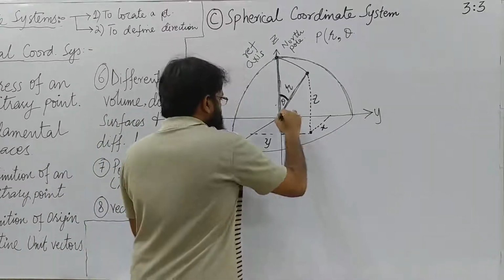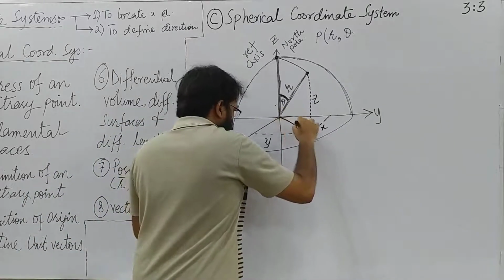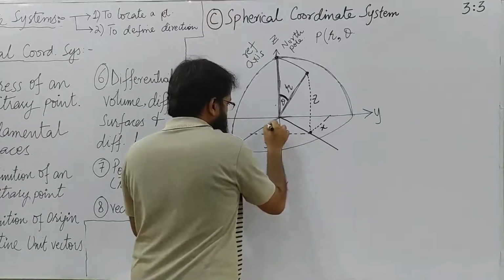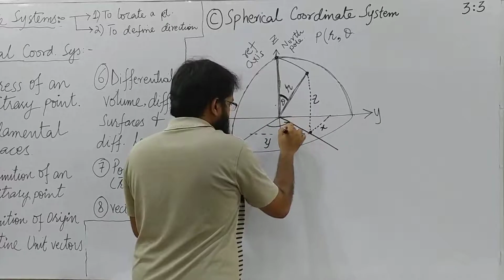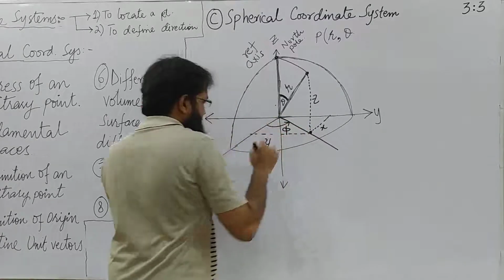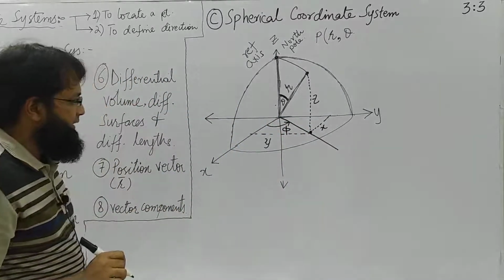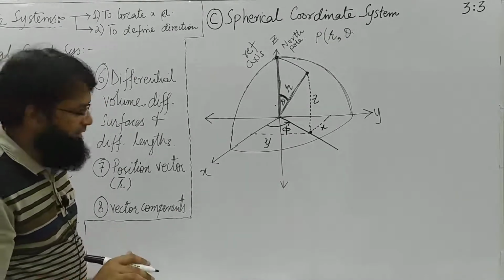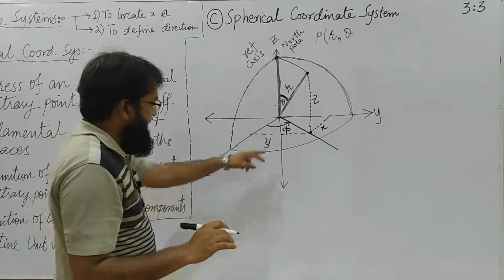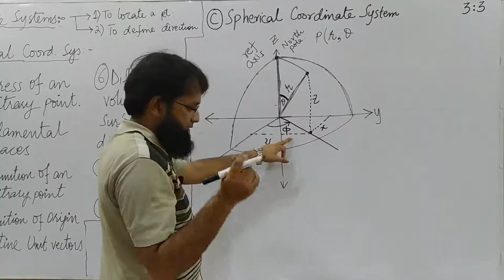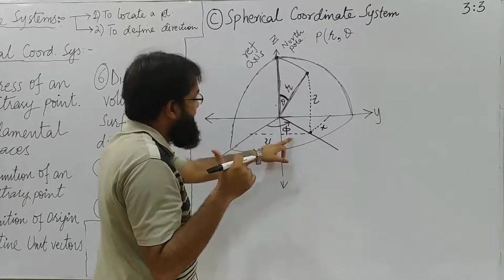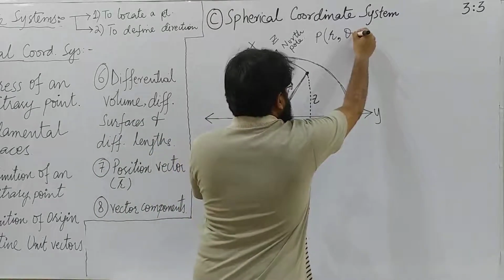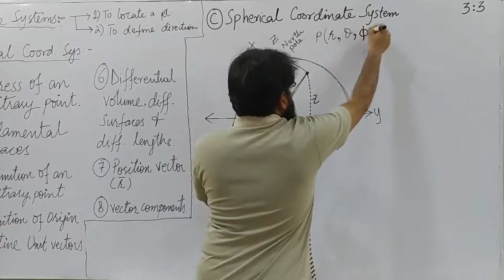So why not, instead of thinking in terms of xy, use an angle which we are already aware of, that is the radial angle phi, just as we defined in the cylindrical coordinate system? Why not use that? Now this completes the picture.